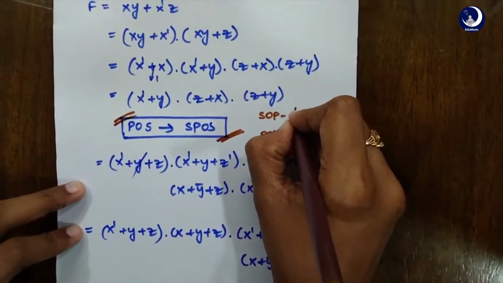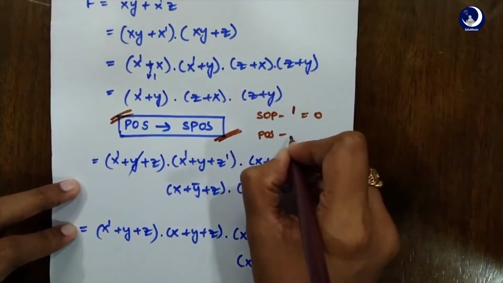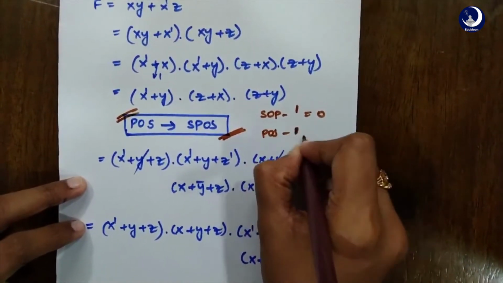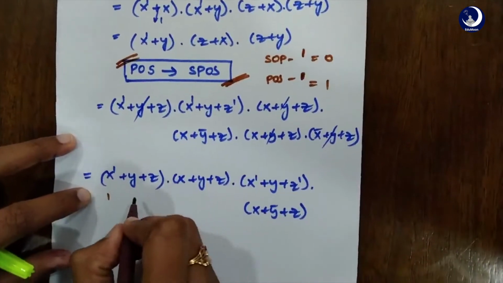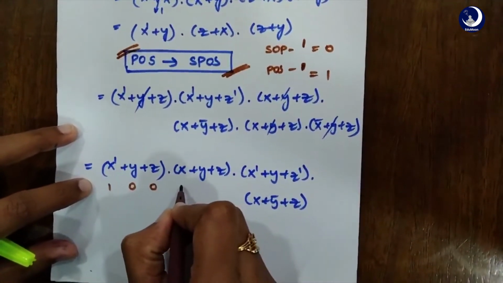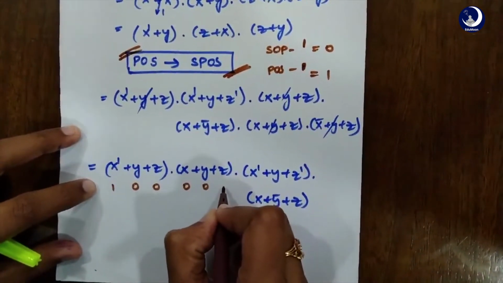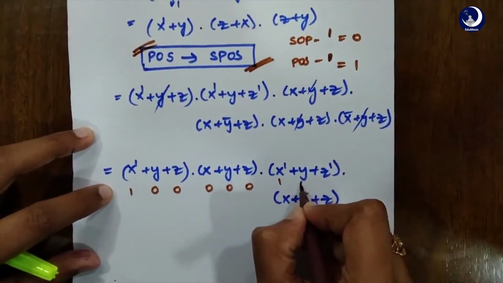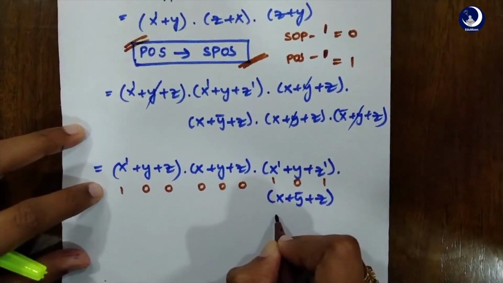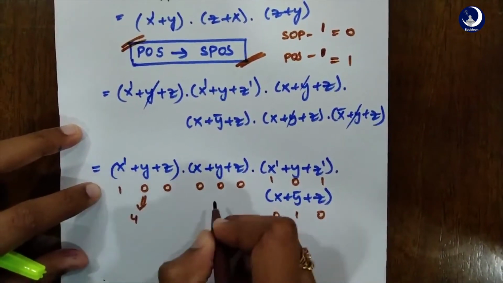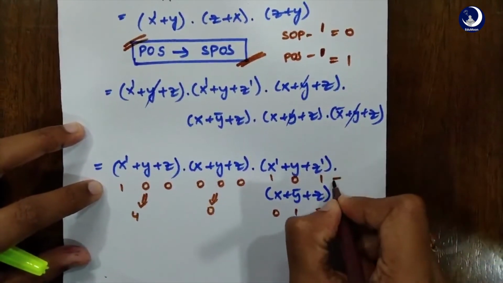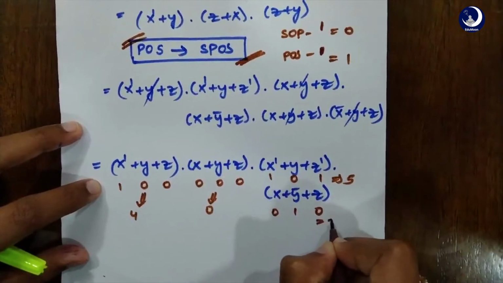For the bar ones, we usually take it as 0, but in this case, bar ones are taken as 1. So this is a 1, this is a 0 and a 0. All these are zeros, and this is a 1, this is a 0, this is a 1, this is a 0, 1 and a 0. Now this value equals 4, this equals 0, this equals 5 and this equals 2.